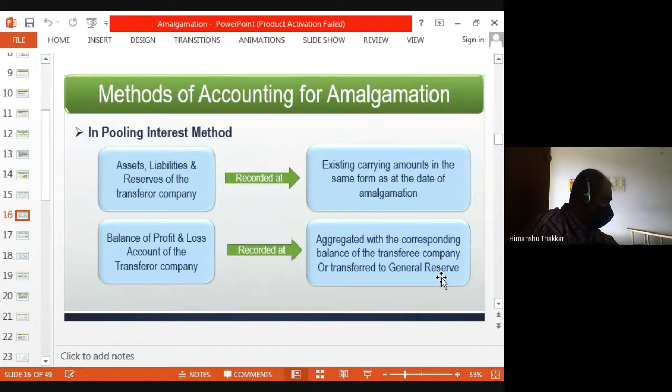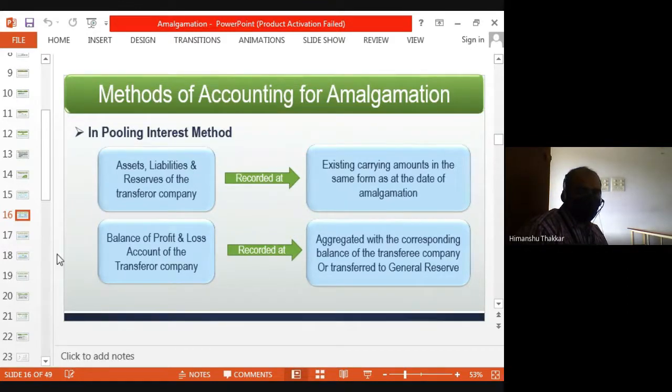If I have P&L, I will add both of them. So 40,000 plus 70,000, in my balance sheet P&L will appear at 1,10,000. Simple. So pooling works not only for assets and liabilities, but also for reserves. Till this point clear? Amalgamation in the nature of merger, and we are discussing the pooling of interest method.